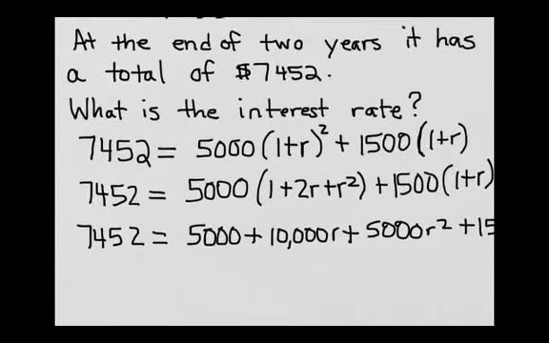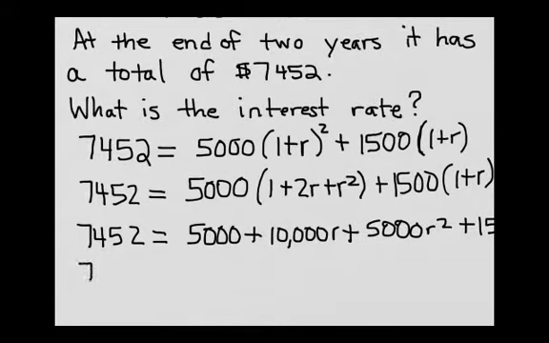And now we're going to combine like terms. So we're going to get 7,452 is equal to, and we're going to put this in the order we like to see quadratics in, so we're going to start off with 5,000 R squared. That takes care of that term. And now we need to add together the two terms with R in them.